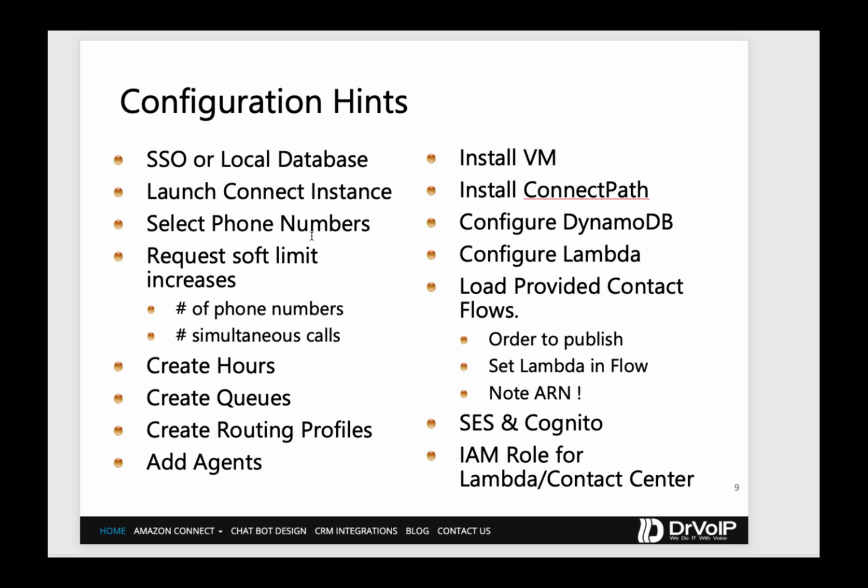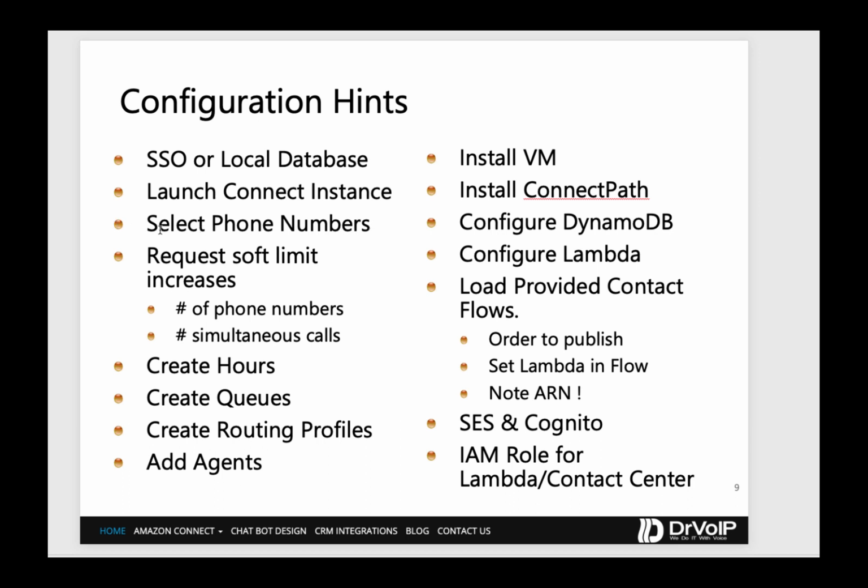Go ahead and add telephone numbers. Telephone numbers will be provided by AWS. Later on, you can either forward numbers you have to those new numbers, or you can port your existing telephone numbers to the instance. That's a process, not an event. Allow 30 days for that.